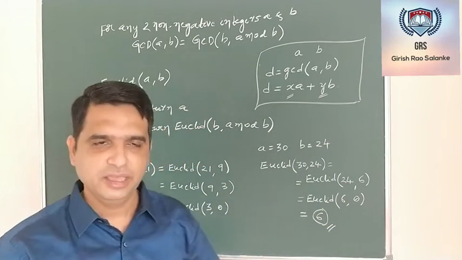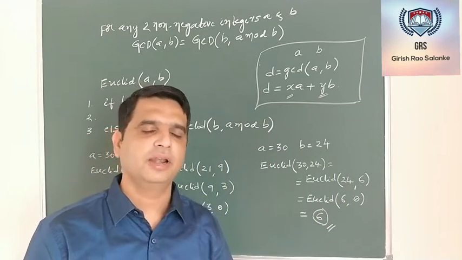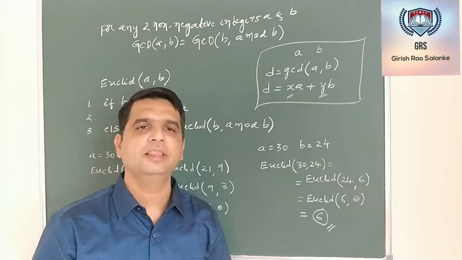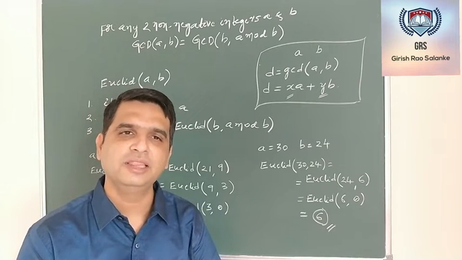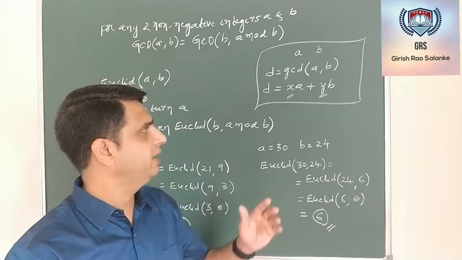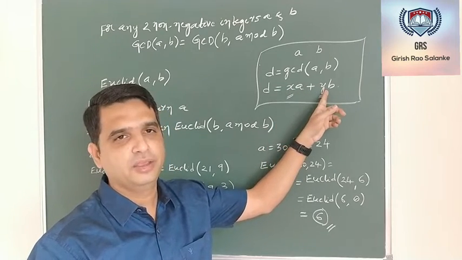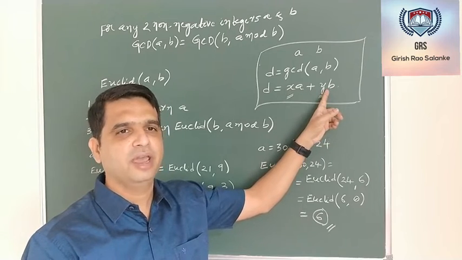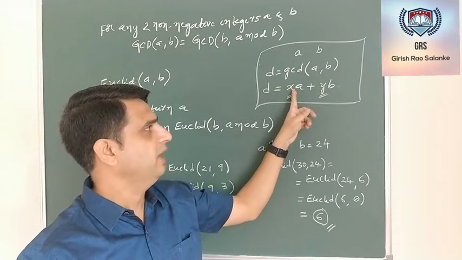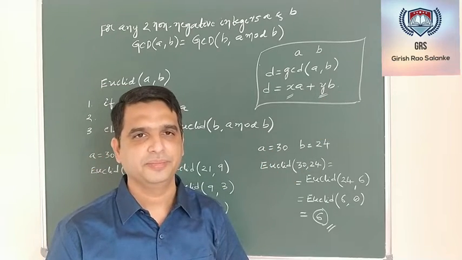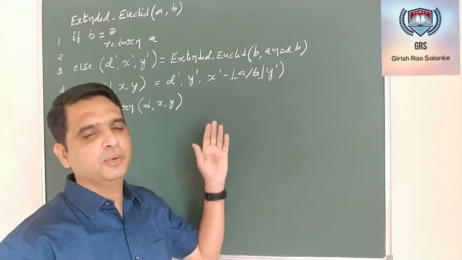First we'll see the extended Euclid's algorithm, and then we'll try to trace it. Note that the objective of using the extended Euclid's algorithm is to find some values of x and y such that GCD of A comma B is equal to xa plus yb. This is the extended Euclid's algorithm.